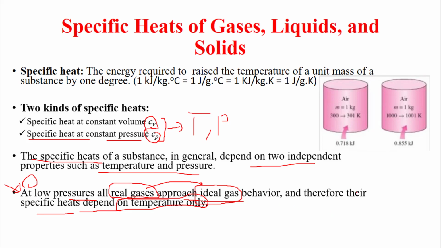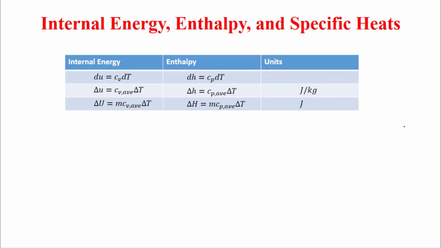Here you can see that air behaves as an ideal gas. Here we have a temperature variation, and here we have another temperature variation by 1 degree. So here is the CV 0.718, and here this is the new value for CV depending on temperature only.